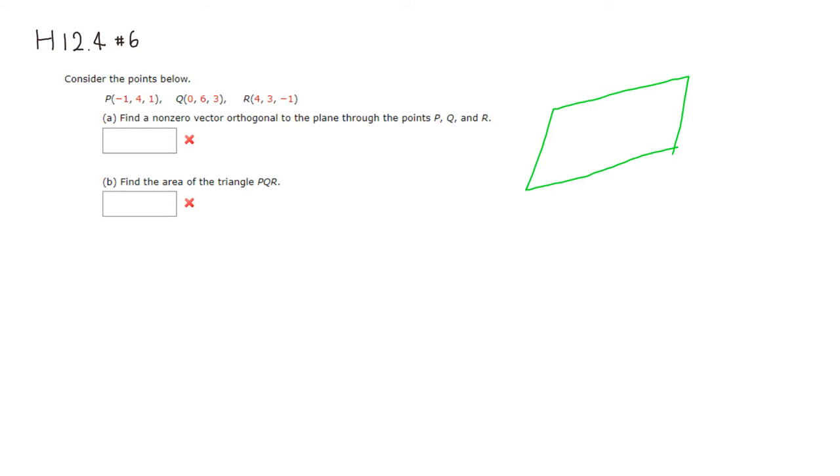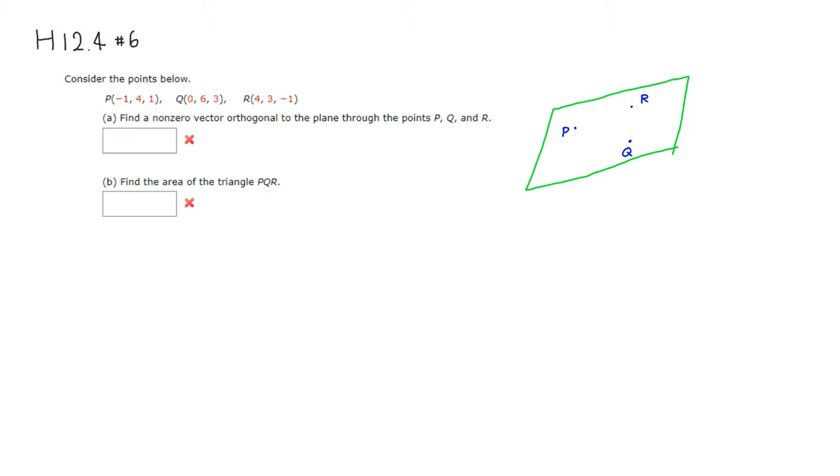Say I'm going to put P here, and maybe Q here, and R here. What we want to do is find the vector orthogonal to the plane.